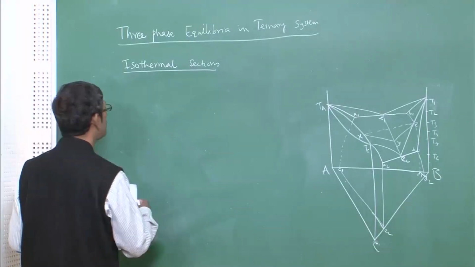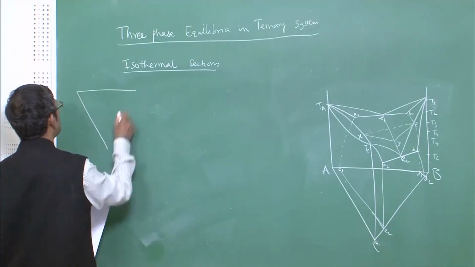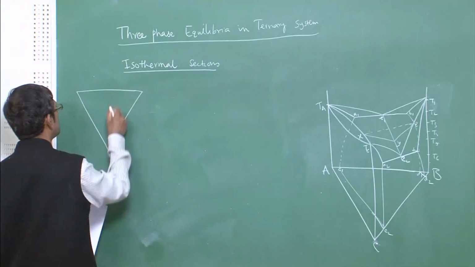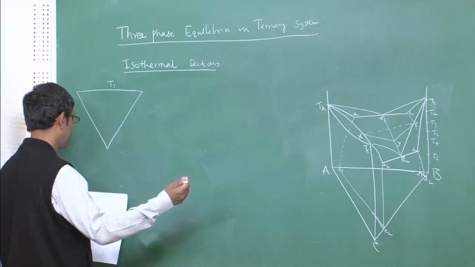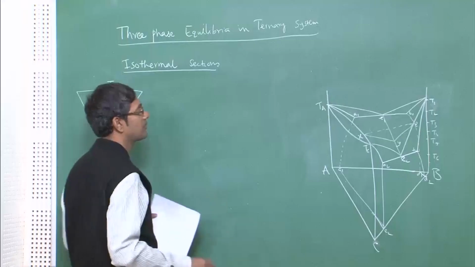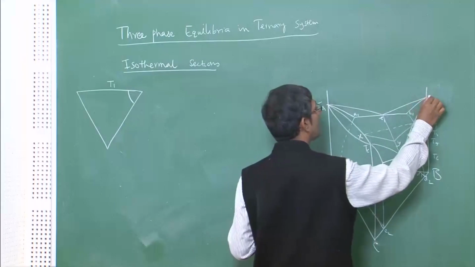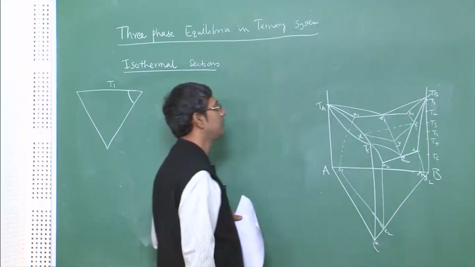So, obviously, T1 is very easy. T1 will have only beta and beta plus liquid, because beta B has the highest melting temperature. You can see here B has the highest melting temperature, Tb.